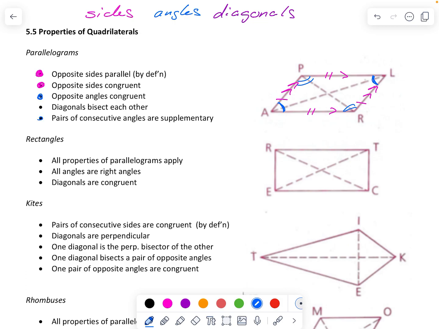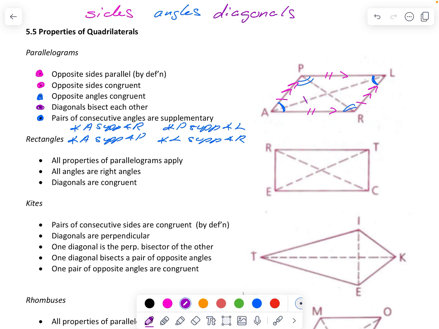I'm going to skip ahead to pairs of consecutive angles are supplementary. Since we have parallel lines, these are same side interior situations. So we have angle A supplementary to angle R, angle A supplementary to angle P, angle P supplementary to angle L, and angle L supplementary to angle R. Finally, the diagonals bisect each other.